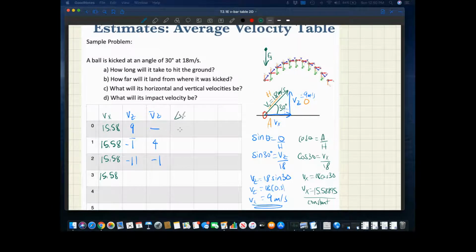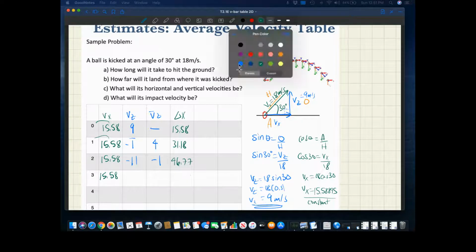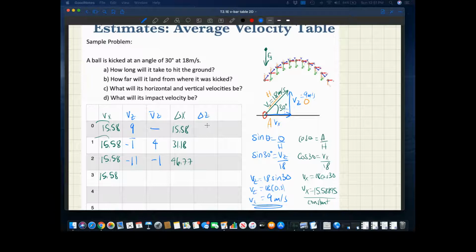Now we can figure out the delta x, which is always the average velocity times time, which in the case of x is constant. So we have 15.58, and we have 31.18, and we have 46.77. We're being way more precise than we need to be. Then we can find the delta z, which is the average velocity times the time.